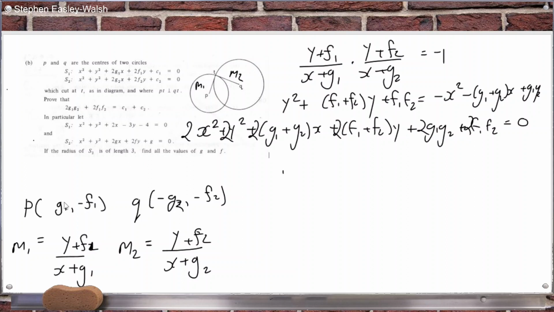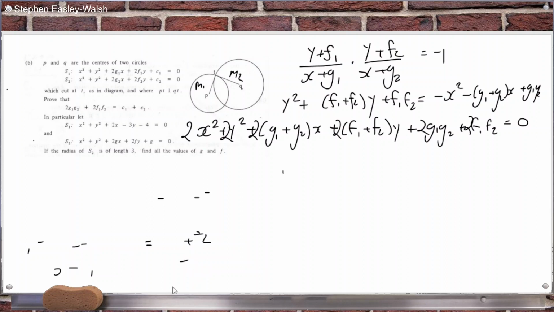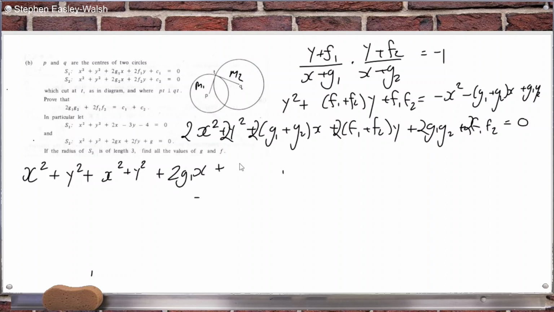Let's make a bit more space. If I separate it out a bit, I get x squared plus y squared plus x squared plus y squared plus 2g1x plus 2g2x plus 2f1y plus 2f2y plus 2g1g2 plus 2f1f2 equals 0.